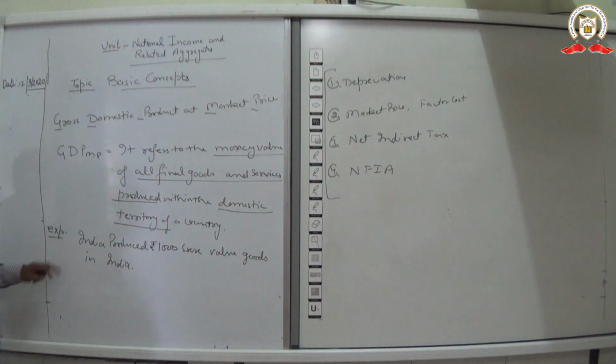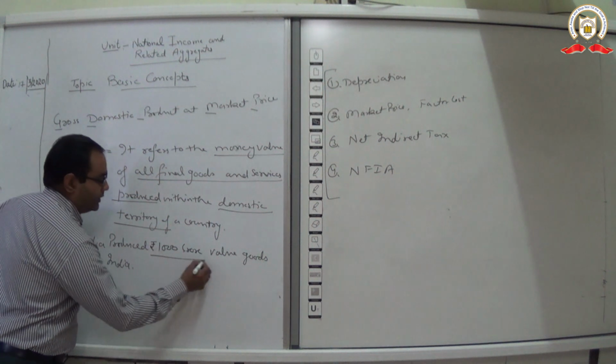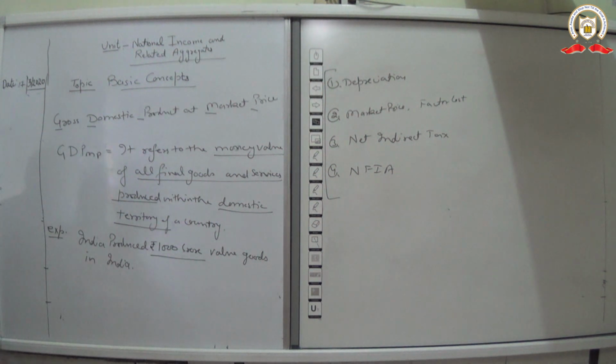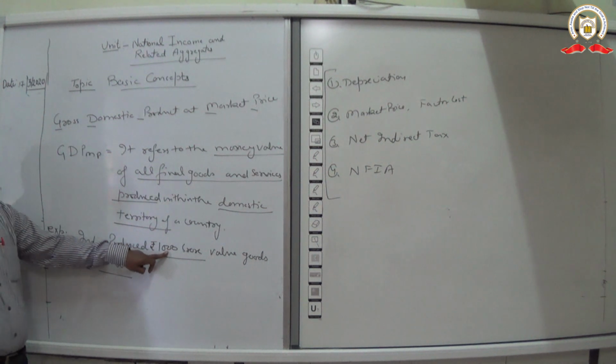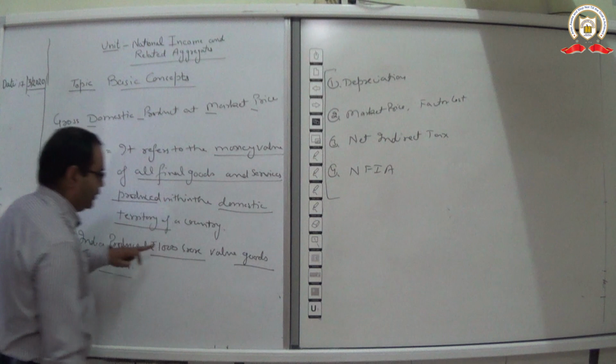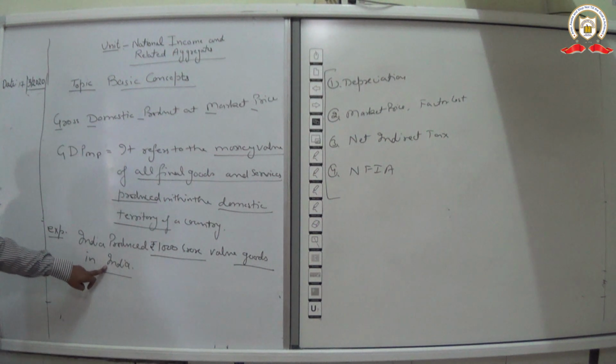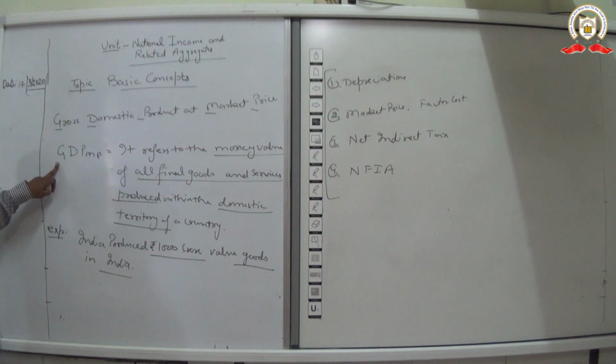So an Indian producer has produced 1000 crore rupees value of goods in India. Money value of all final goods produced within the domestic territory of India is termed as GDP at MP.